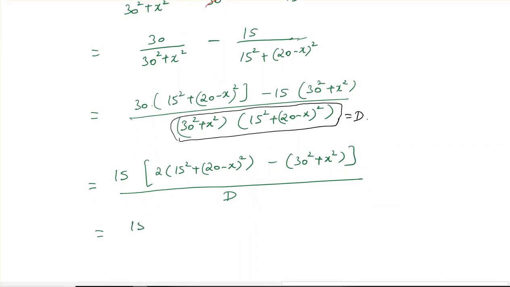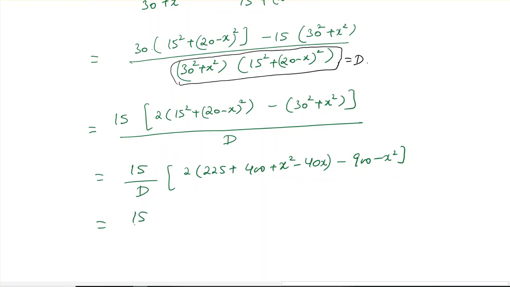So we got 15 over D, and inside we have 2 times 225, and then you can open (20 minus x) whole squared, which means a squared plus b squared minus 2ab. And the last one is we have negative 900 negative x squared.